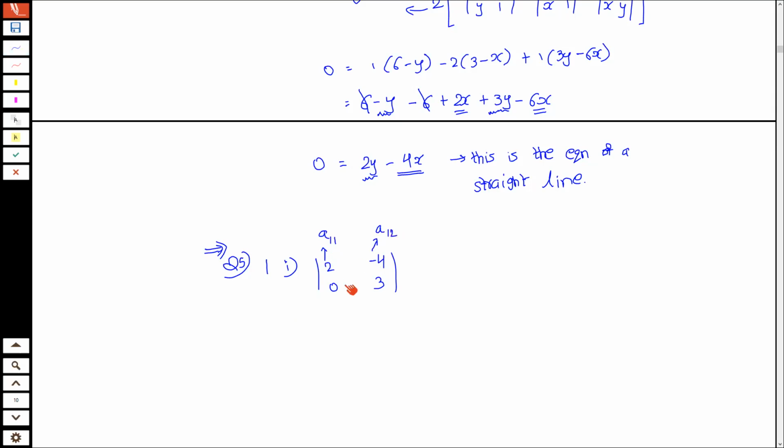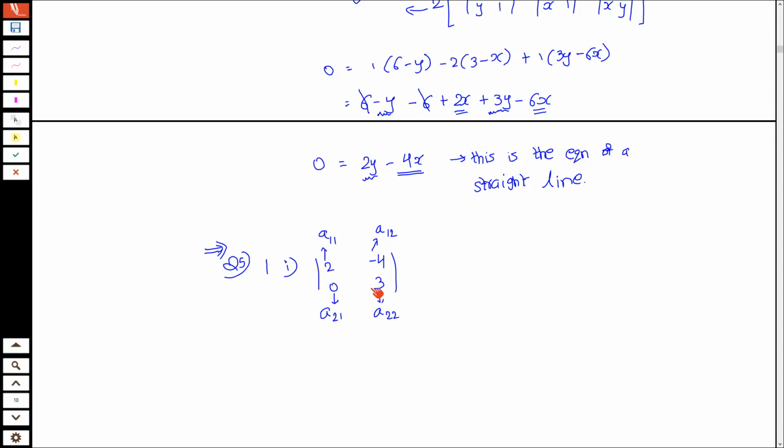First row, second column. So this position 0 indicates what? A21. Second row, first column. And these 3 will be A22. Second row, second column.